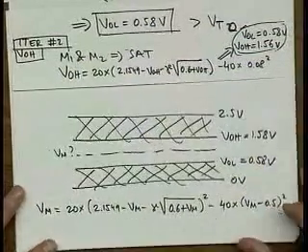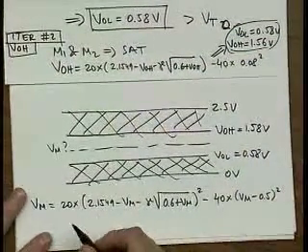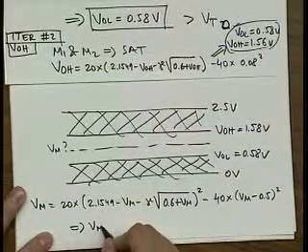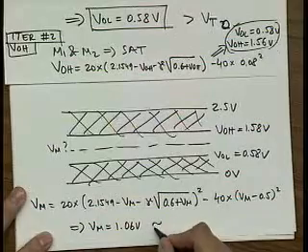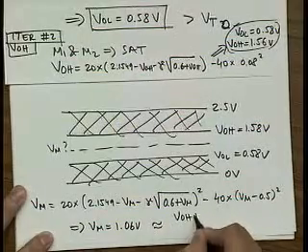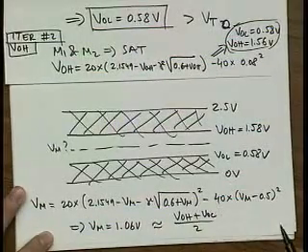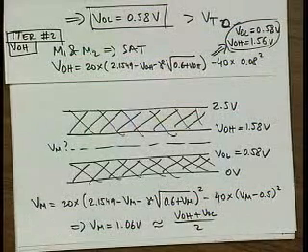And again, MATLAB takes you 30 seconds. You get VM equal to 1.06 volt or so. And that is approximately equal to VOH plus VOL over 2. And then you're done.